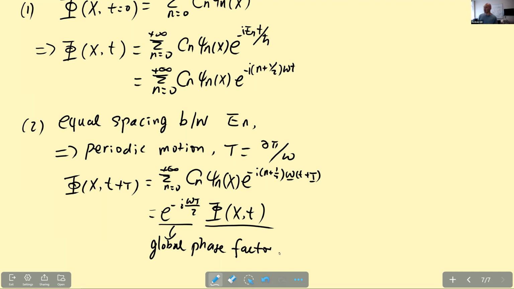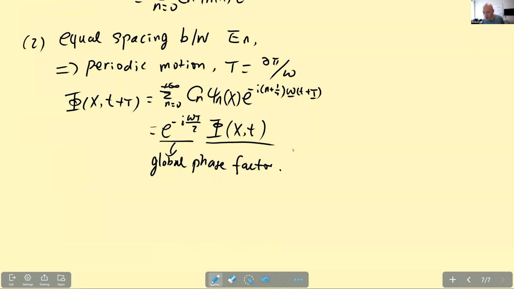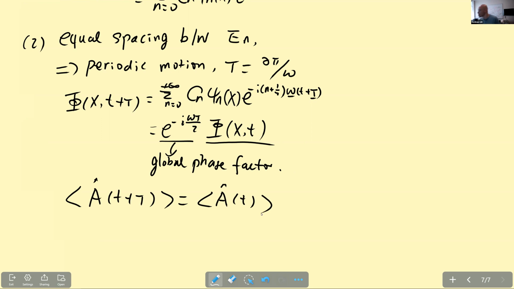right? So that means if we calculate any physical quantities, they will just be equal to the same value. So this means the system is periodic. This is a very nice property of the harmonic oscillator, okay?